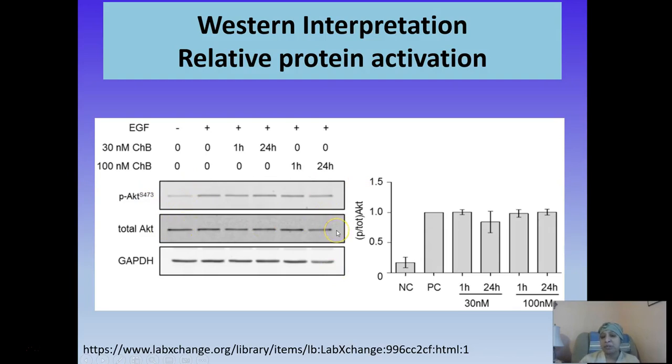The total AKT remains the same, consistent in all of them, regardless of what changes we make, but the phosphorylated AKT is different in different samples for whatever reason, right? So in some cases, you're seeing a difference in those levels. Once we quantify using image analysis, we are able to see that difference a lot more clearly. So most of them, if it was activated, it was activated. But at some point, some condition made a difference. And that's important to note. We wouldn't notice that just by looking at that blot alone without the help of image analysis software.